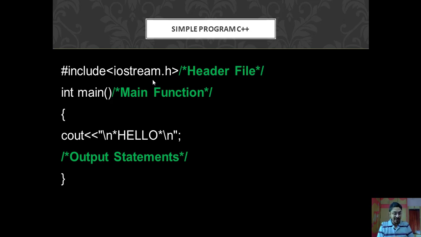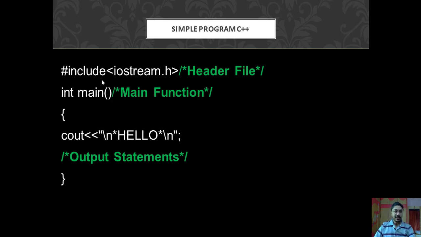Stream of data in the sense the bits will be sent in a streamed fashion, one after the other, one bit, then another bit, then another bit. This is how the data will be sent or received. So in order to work with input or output, we have to use the iostream.h file. This is equivalent to the stdio.h file in C.